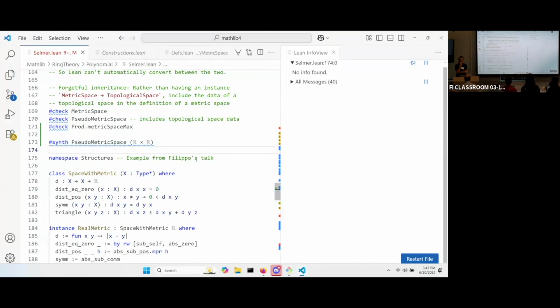The question is whether you get the same sort of diamond if you start looking at measure spaces: there's a measurable space instance on the product that's coming from the metric space, but there's also one from the product. Measurable space means Borel is like a sigma algebra. So you get one from the metric space and one from the product.